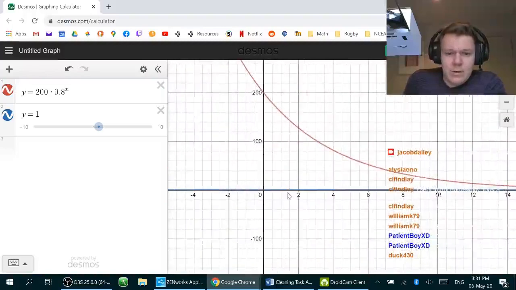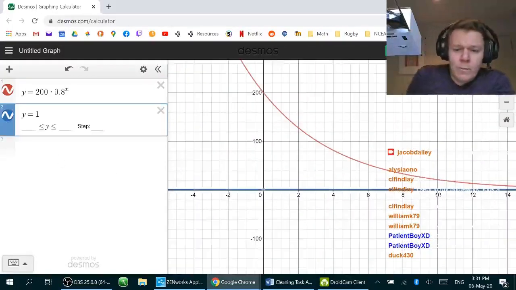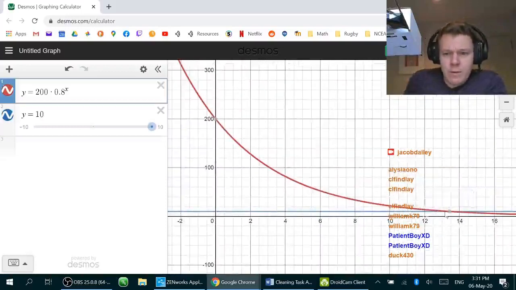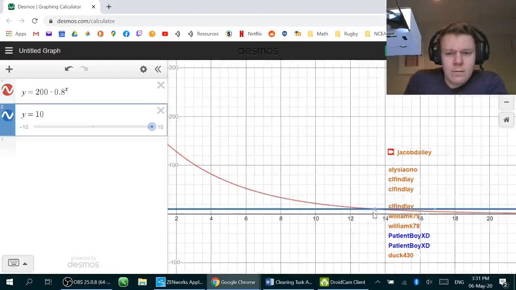It gets very close to that. Maybe not 1. When's the last 10? Okay, just for argument's sake, that's going to intersect our graph down here at 13.42510.